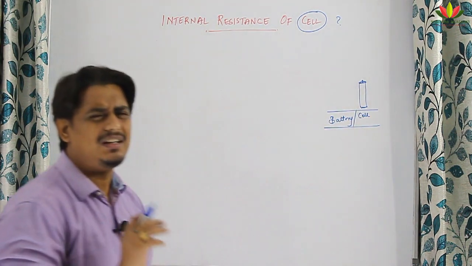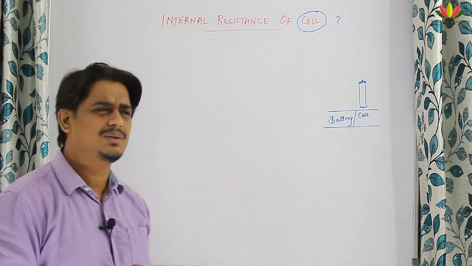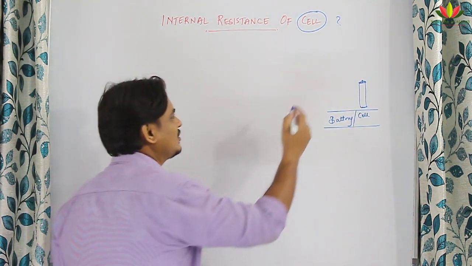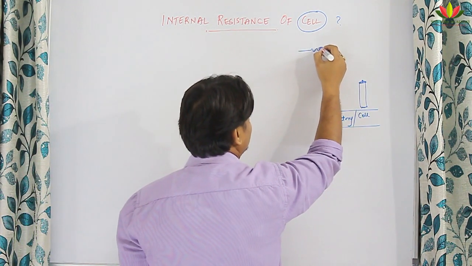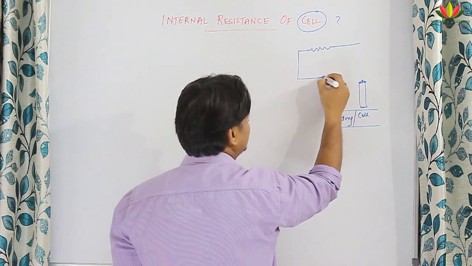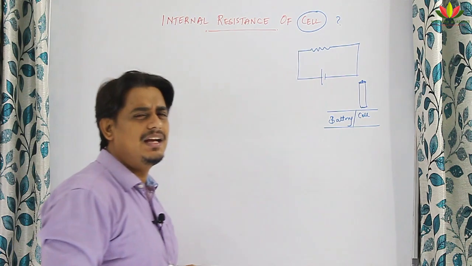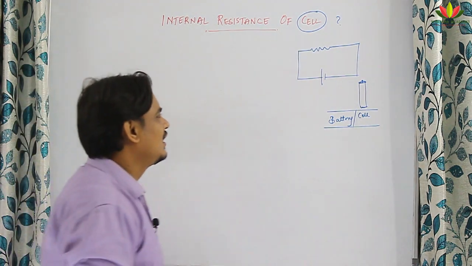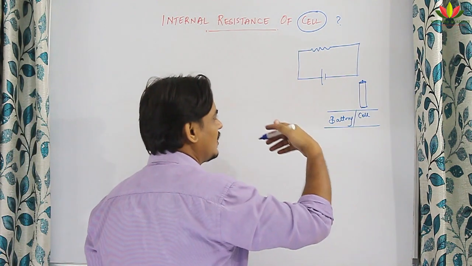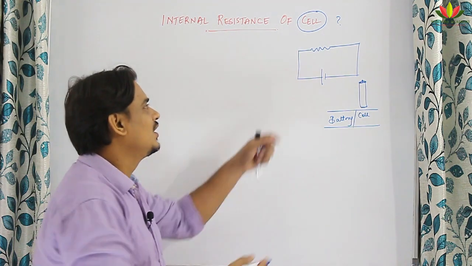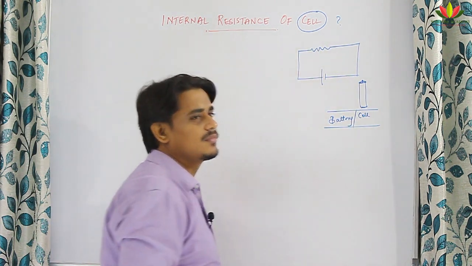Now what role does this cell play in a circuit? I think I would have discussed in the past also that if there is a circuit, then this cell will create a potential difference, or it will help the charge to move around it.